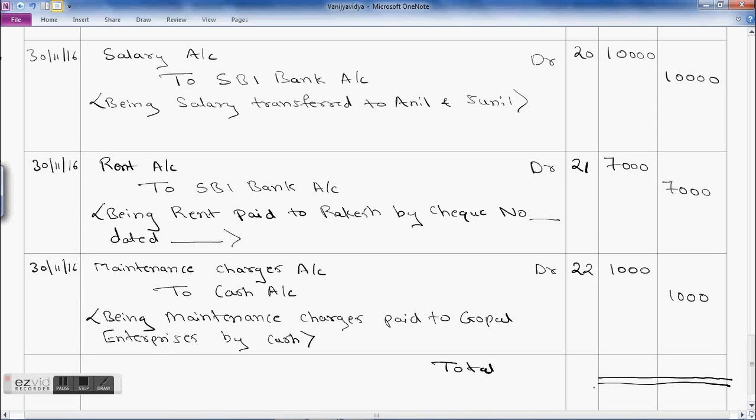Since I am doing it on PC, I didn't take a total, but you have to do it, so I'll write it as total carried forward. Then at the beginning of the next page, you have to write total brought forward. Now remember one thing, the total of debit and credit side should be same.